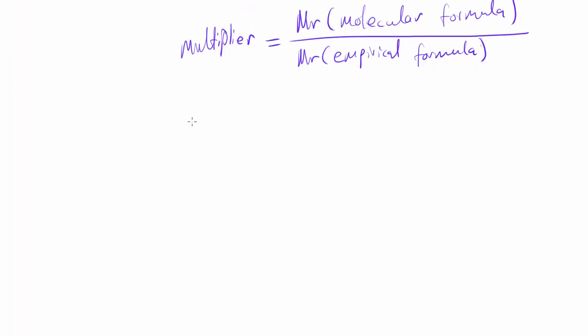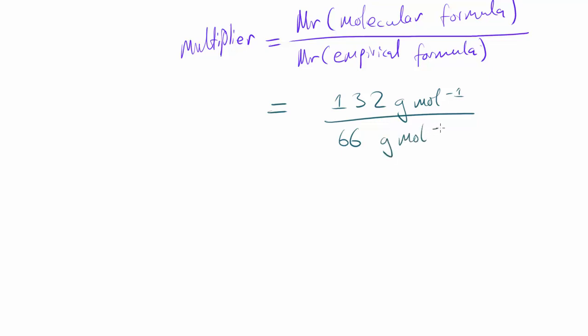So it's going to be equal to 132 grams per mole divided by 66, and that's going to be in the same units. Okay, so if we do that, what do we get? I would invite you to have a go, whether it's based on visual inspection or using your calculator, what the outcome of that would be.